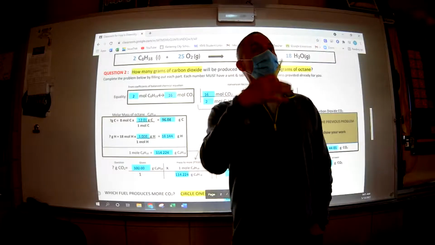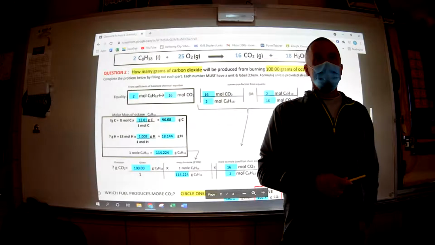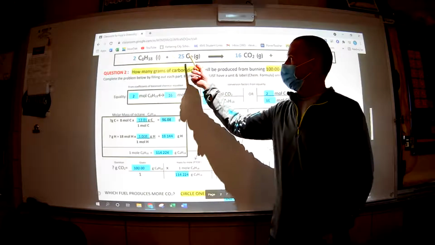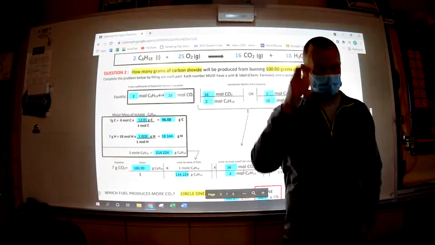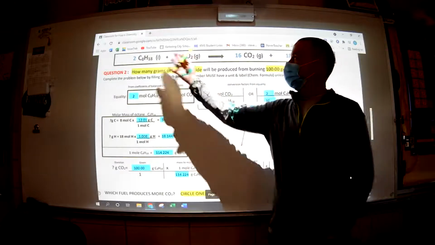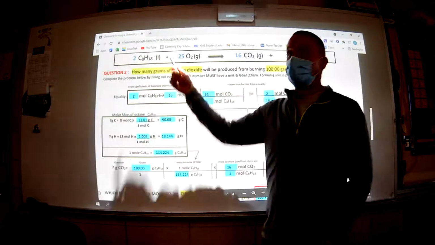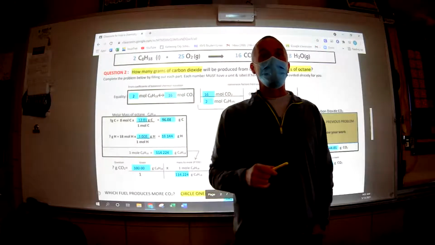But remember, we're trying to get a reaction to occur. With that said, which of these two things do you think is more expensive, especially right now? Which of these is the more expensive reactant? Yes. The octane is, especially right now. Why, especially right now?